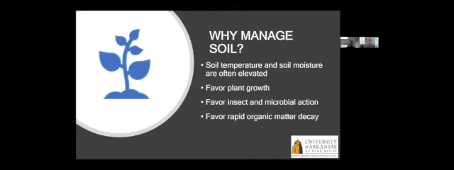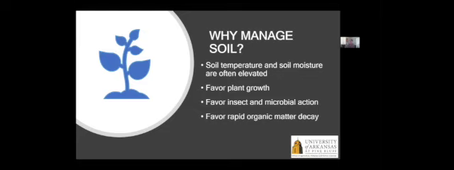But plant growth is not the only thing it's favorable to. It's also favorable to insect action, and those conditions are also favorable to microbial action. Sometimes a lot of this can be a good thing, sometimes not such a good thing.